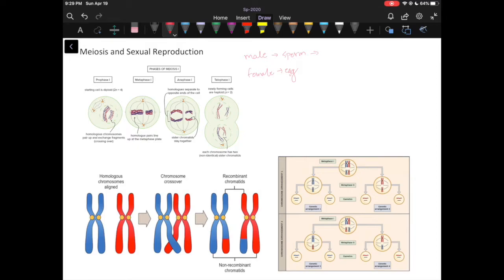And these gametes, the sperm in the male, is produced in the testes, and the eggs are produced in the ovaries.